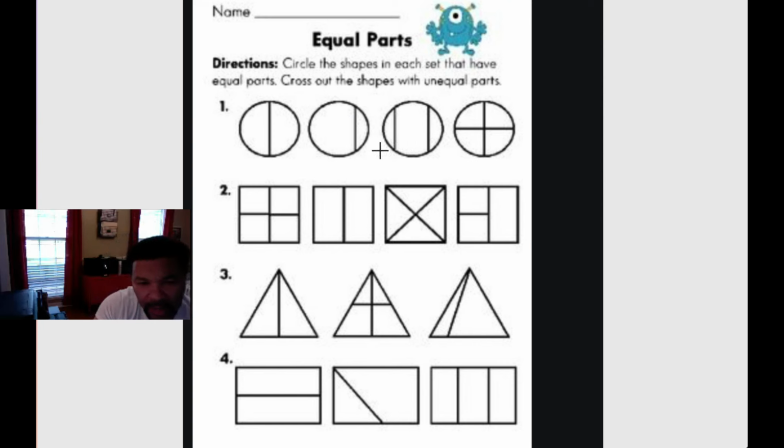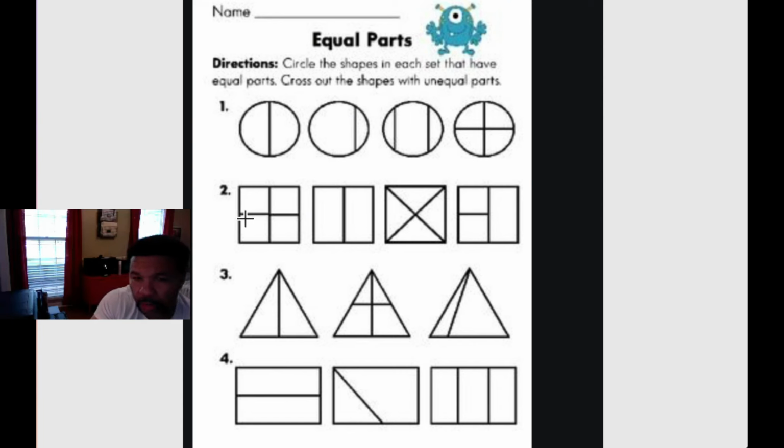Okay, so let's take a look at number two. Number two is interesting. Let's point out all the ones with the same shape, same size. Now, sections. Let's take a look.